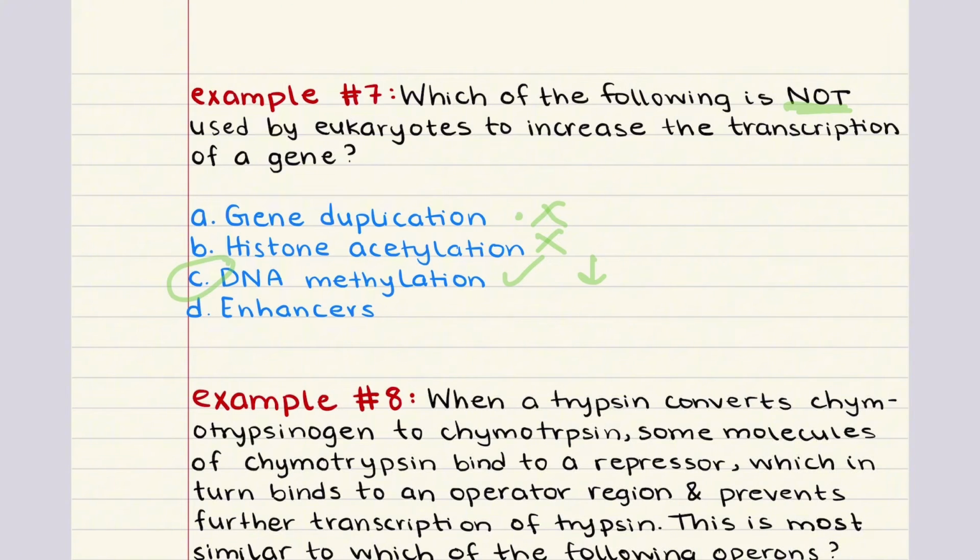These are regulatory DNA sequences that increase transcription by helping transcription factors and RNA polymerase bind more efficiently. So this increases transcription. That's not what we're looking for. So A, B, and D increase transcription, but C decreases it. And that is what we're looking for, which is why 7 is C.